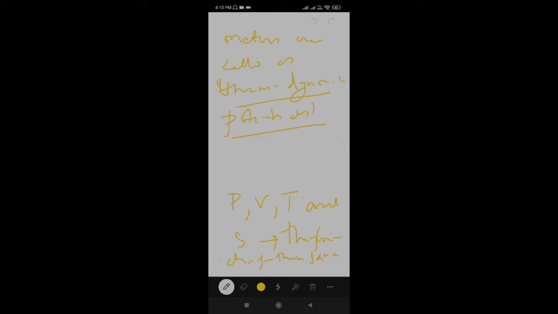That means these potentials are expressed in terms of these four parameters. Here I am going to give you the names of the thermodynamic potentials, which in turn are expressed in terms of these four parameters.